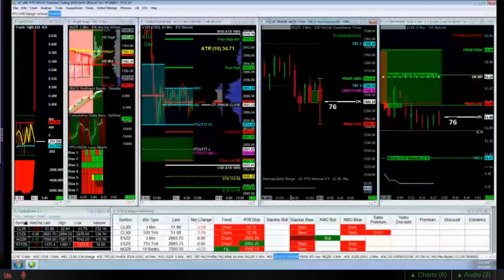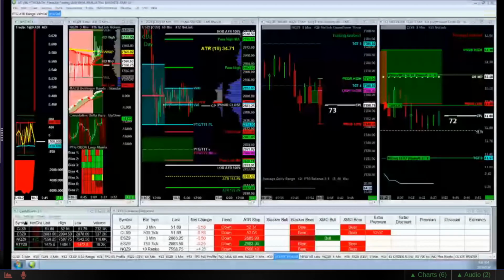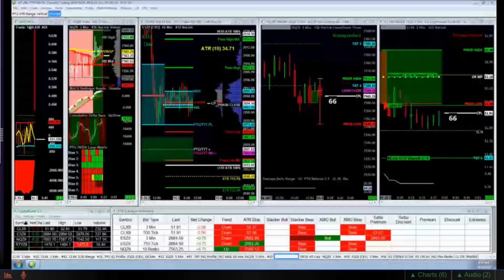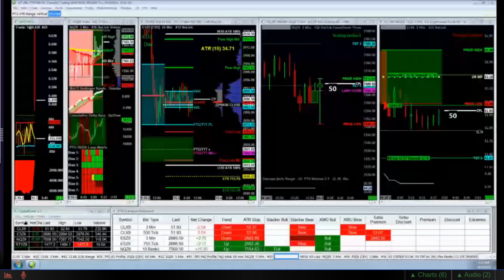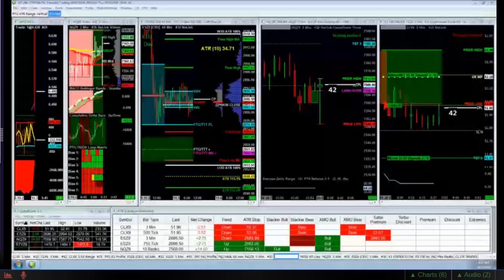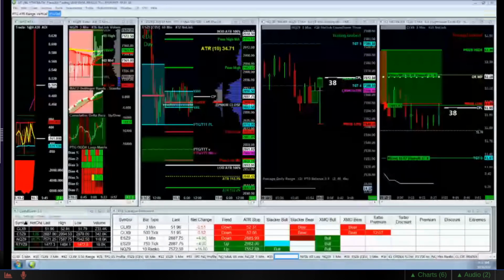Battle for ball control off the open. And with this type of day, expect, again, fast moves up, fast moves down.